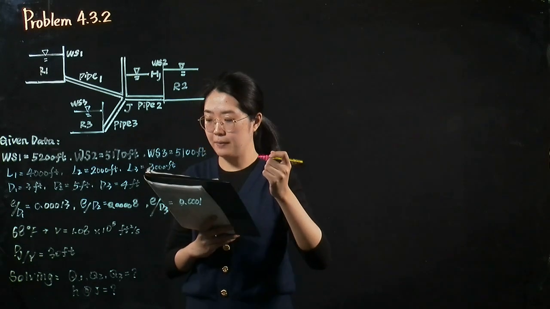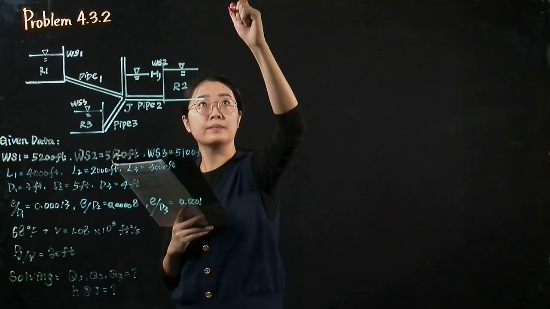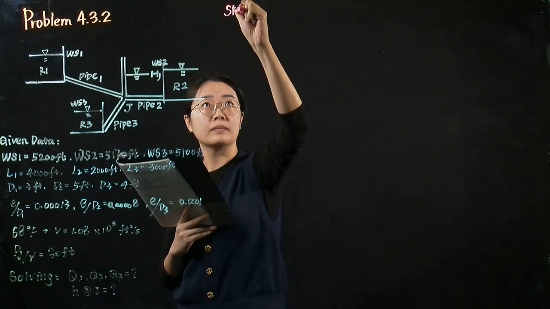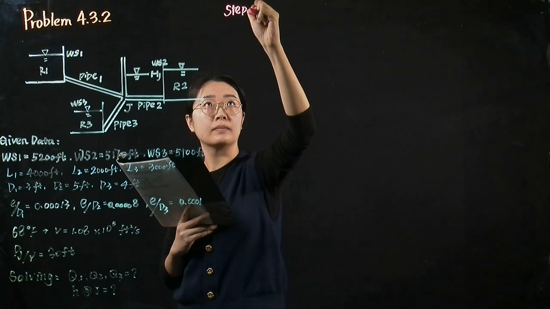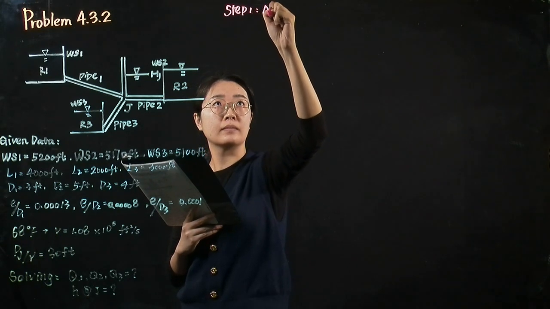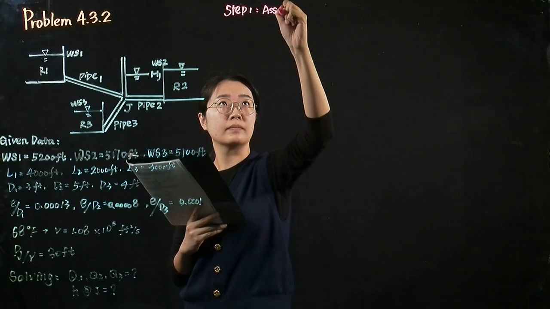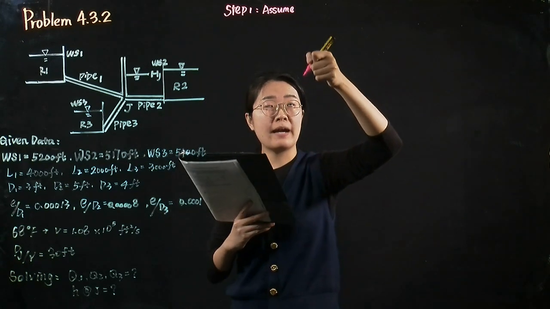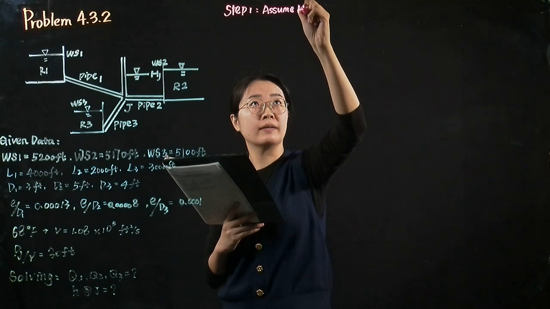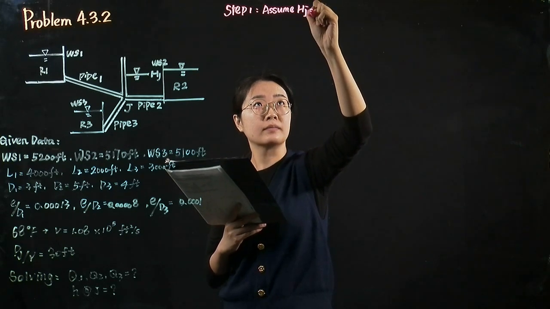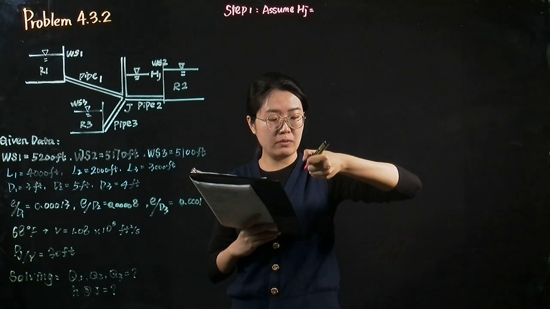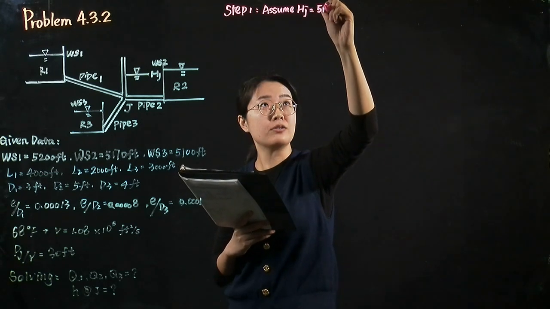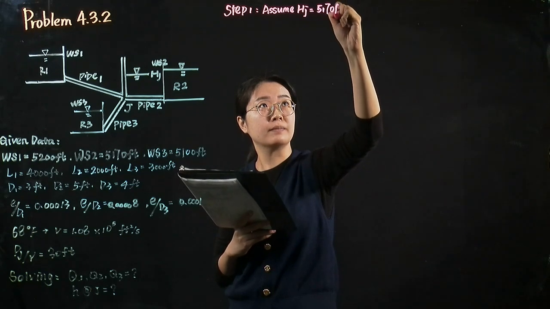So the first step is to assume the total energy at junction J equals 5,170 feet.